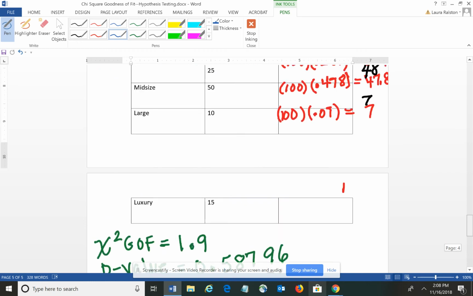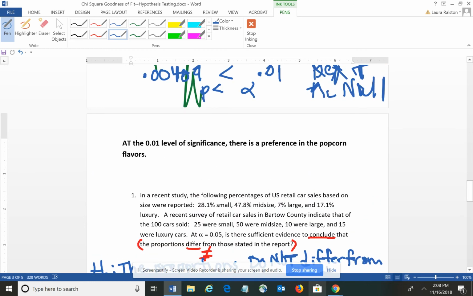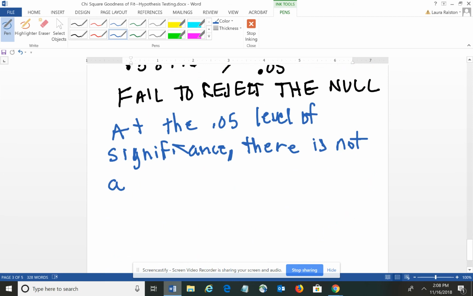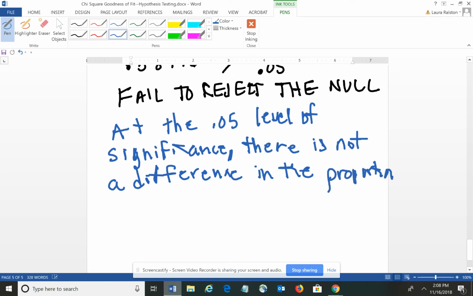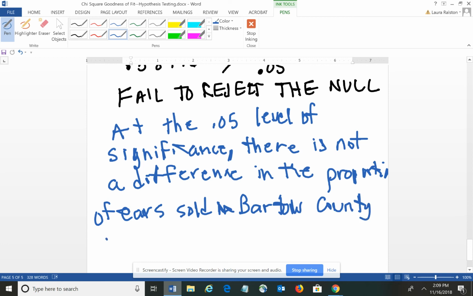Use a phrasing from the actual problem, that the proportions do not differ, or you could say there is not a difference in the proportions of cars sold in Bartow County and those sold in the U.S. So we're saying there's not a difference.